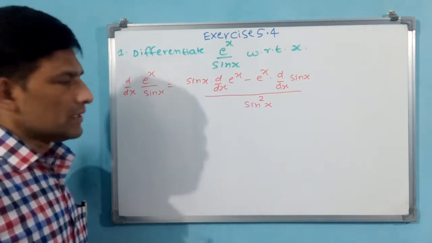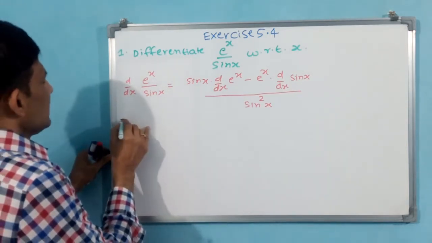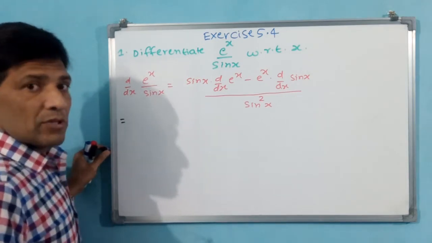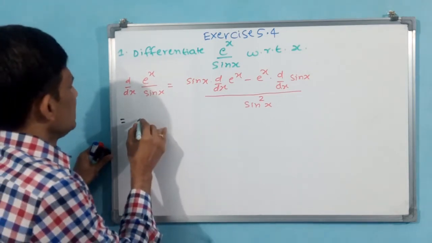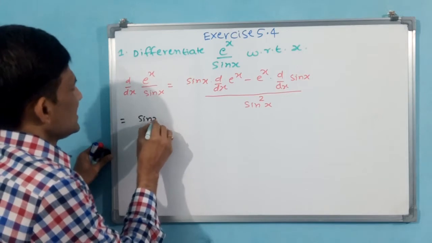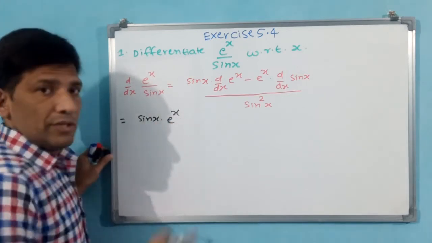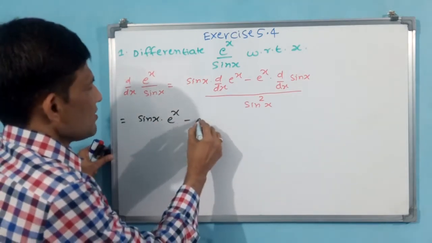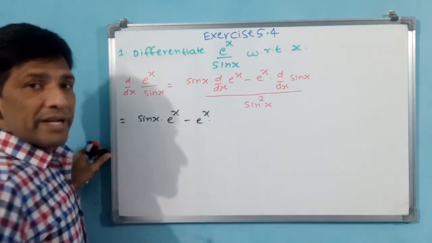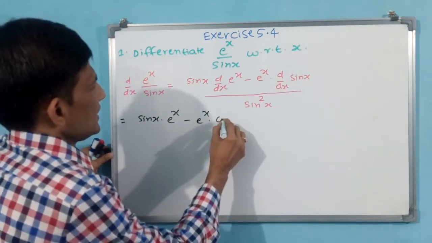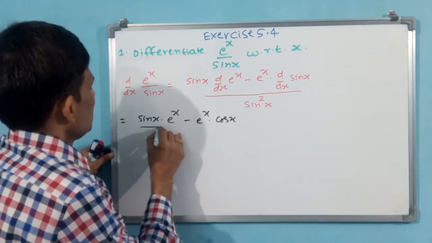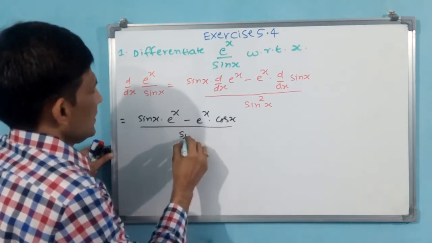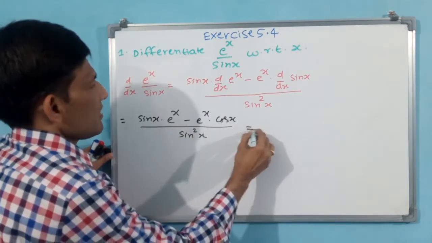Okay, let us proceed further. d by dx of u, that is e power x, is e power x, minus e power x into d by dx of sin x, which is cos x, all over sin square x.